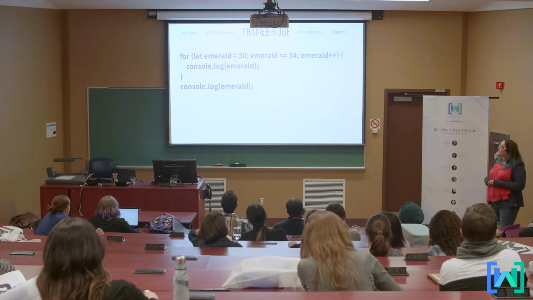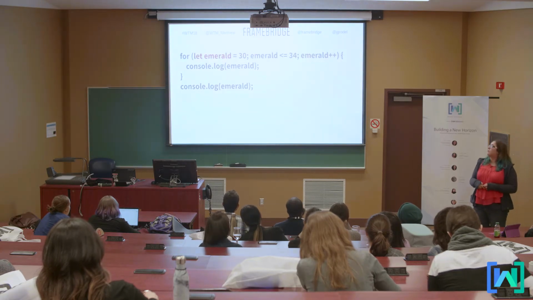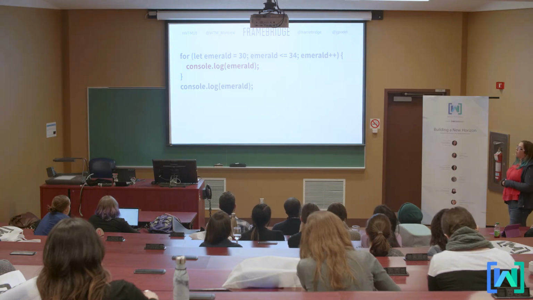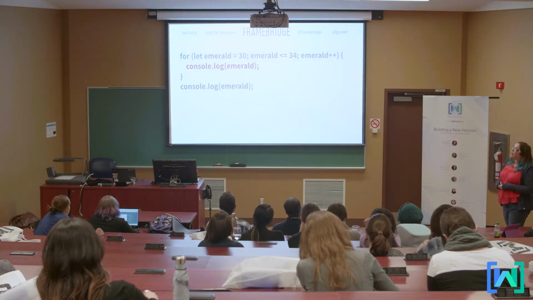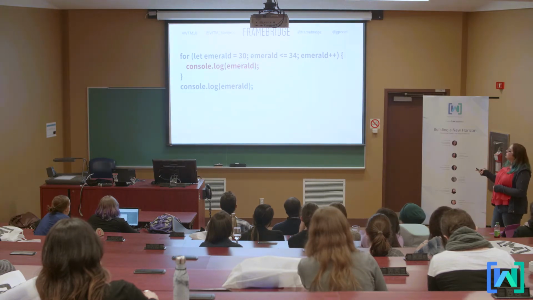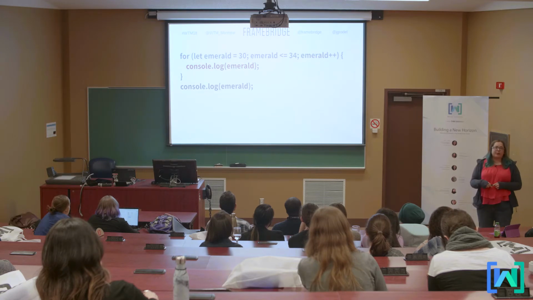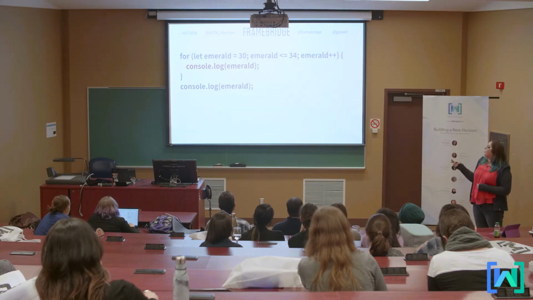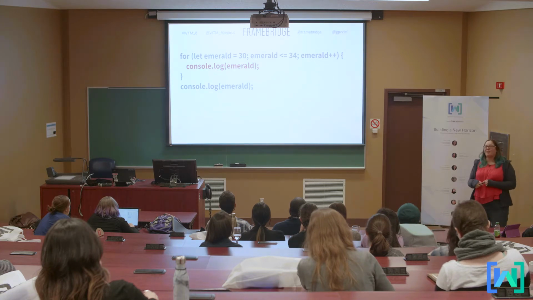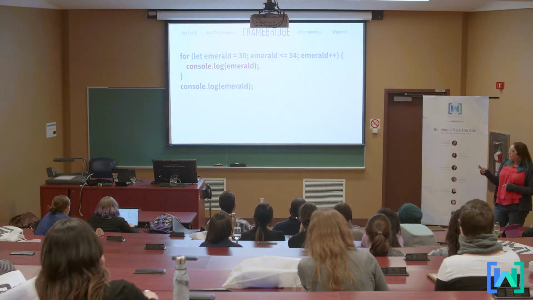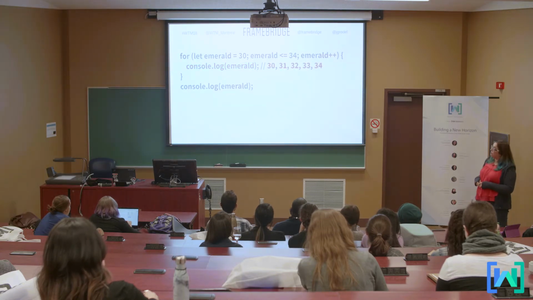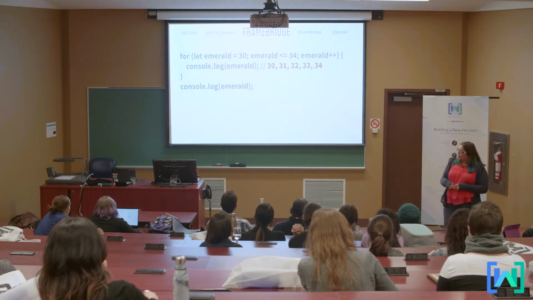And so the first time we go into this, we'll set up emerald as the value of 30, and then we'll come in here because emerald is smaller than or equal to 34, and we'll console log out 30. Then we'll increment emerald, emerald plus plus, so emerald is now 31. We'll evaluate again here. 31 is still smaller than or equal to 34, and so we come into that console log and we'll console log out 31, and then 32, and 33, and 34.